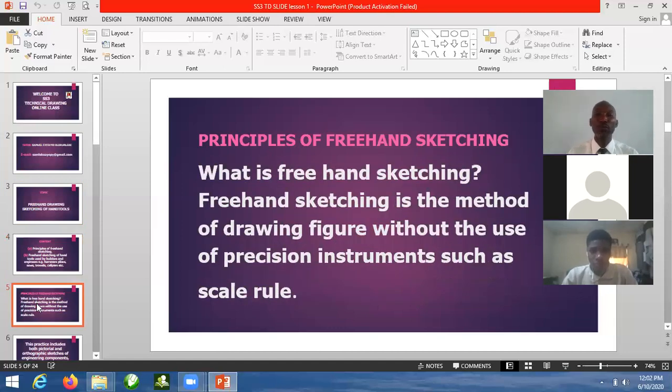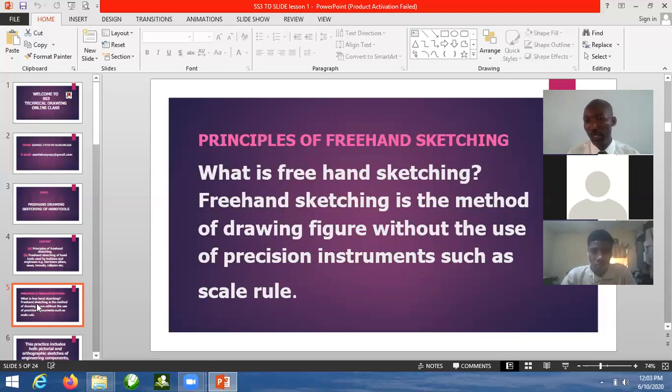Let us look at what freehand sketching is, because we need to know what it is before we can sketch using freehand. Freehand sketching is the method of drawing figures without the use of precision instruments.